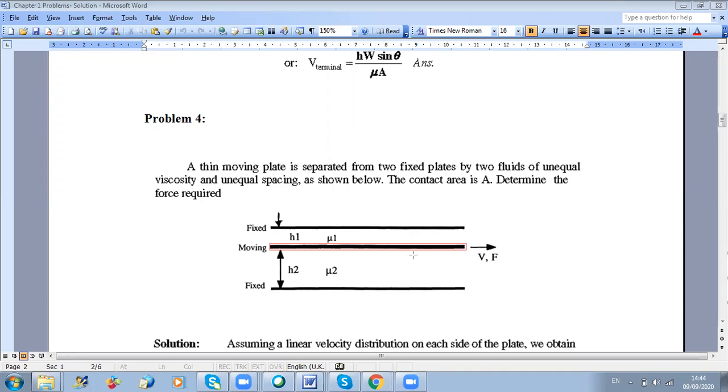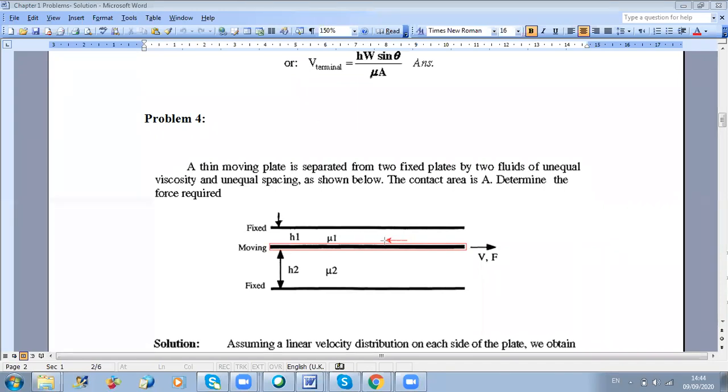How will they oppose my motion? Through friction, which here is through shear stress, because due to viscous effect, I will have opposition of motion of my plate. So in order to be able to move it, I should oppose, as you said, the friction done by the fluids through shear forces. So I have a shear force from the first fluid.